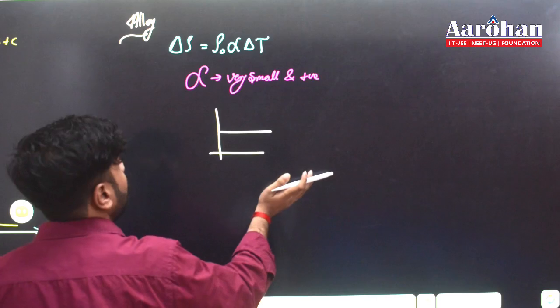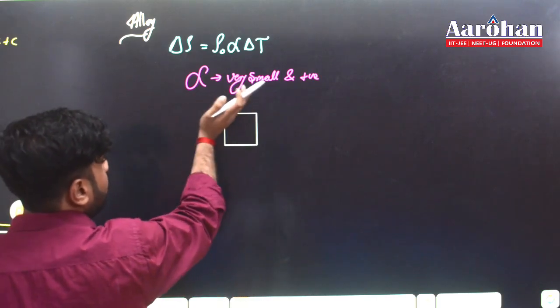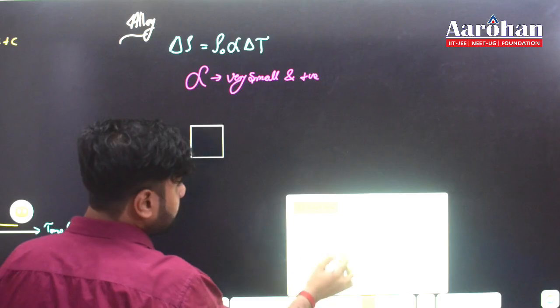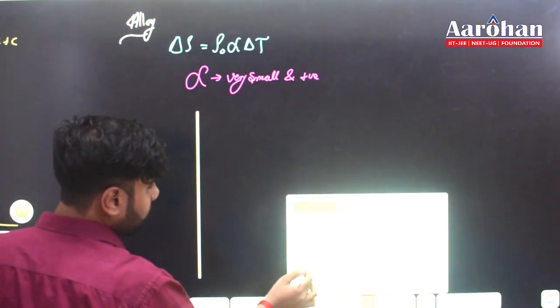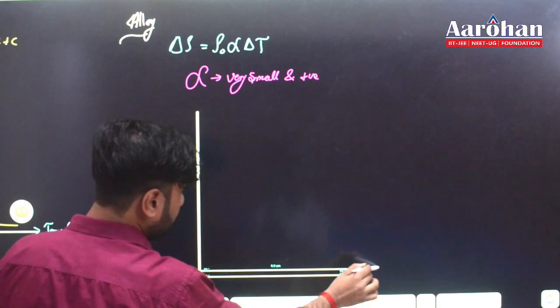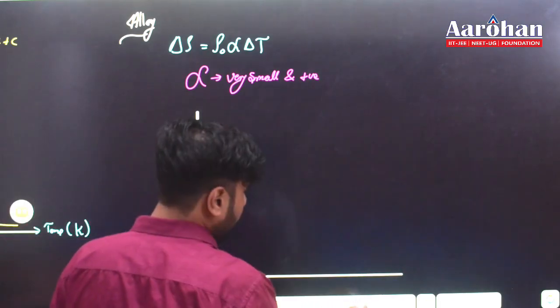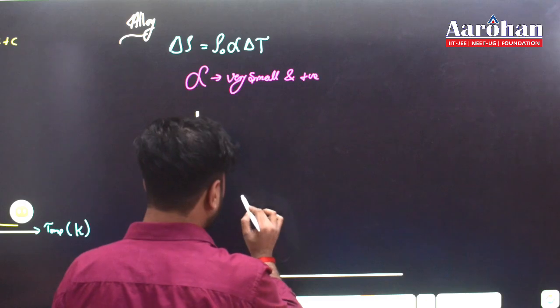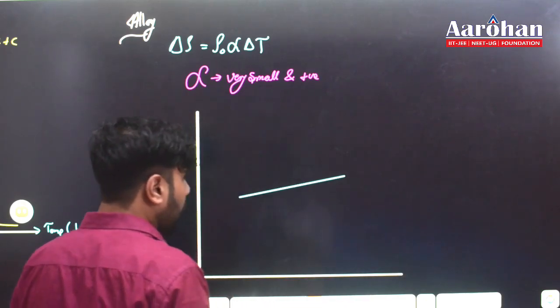But again, this is not what you are going to get. Why? I will show you. So the graph will be like this, and you can see the graph is a straight line.